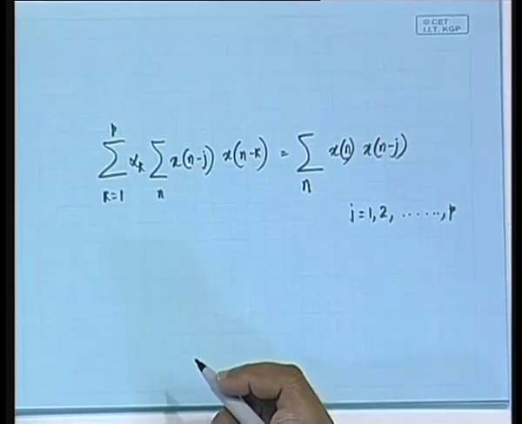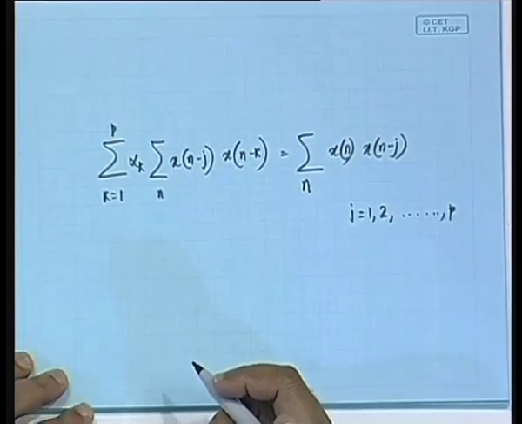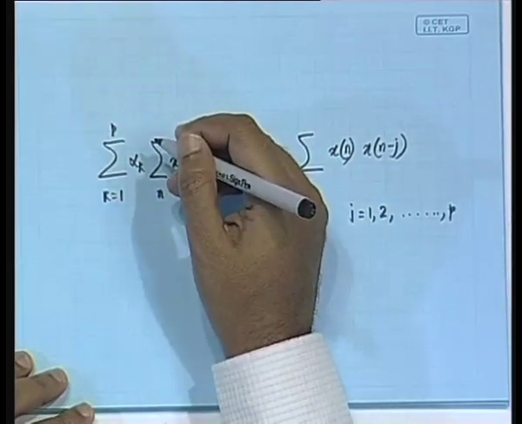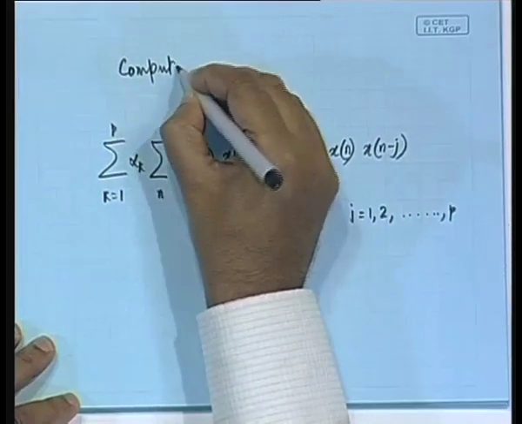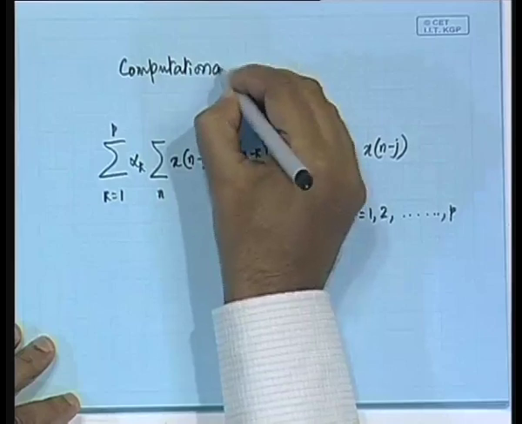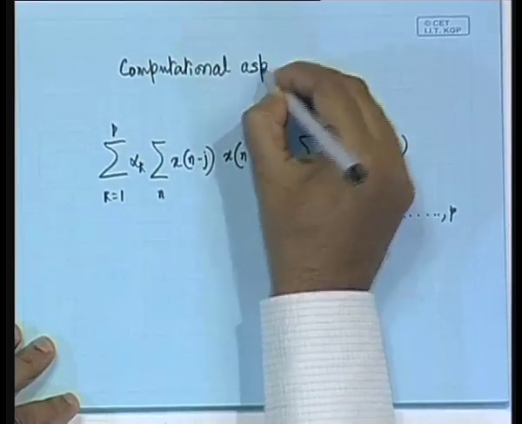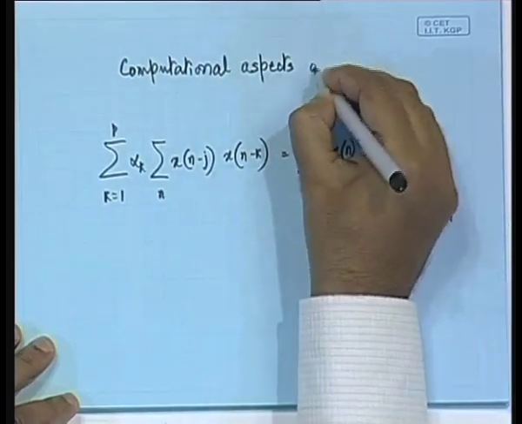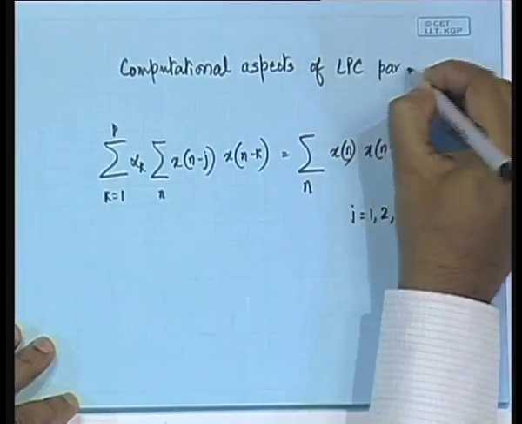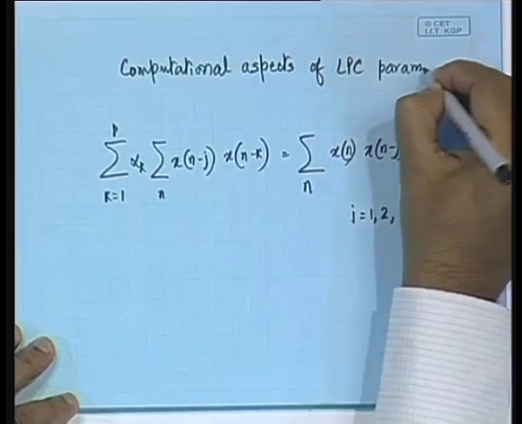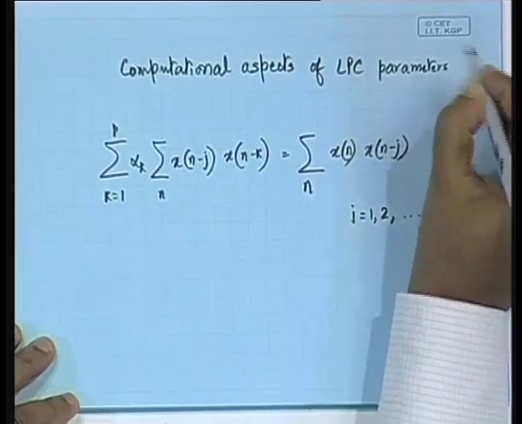So, what we are going to discuss in this lecture is the computational aspects of these LPC parameters. By LPC parameters we mean these alpha k's that we need to solve.